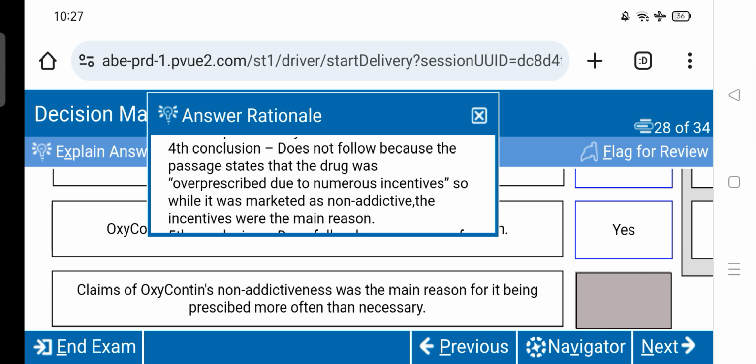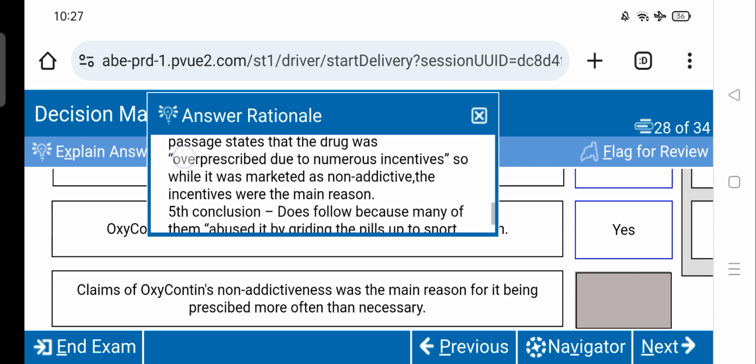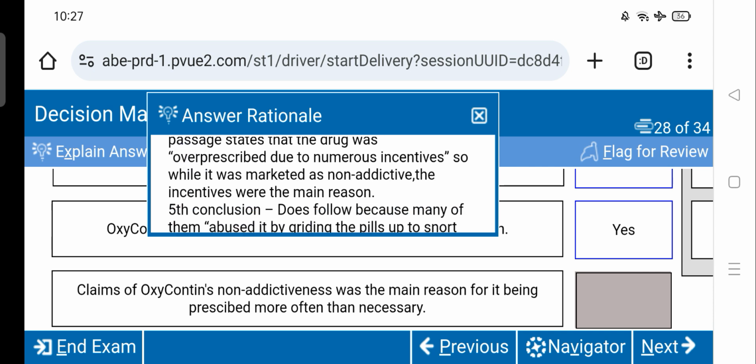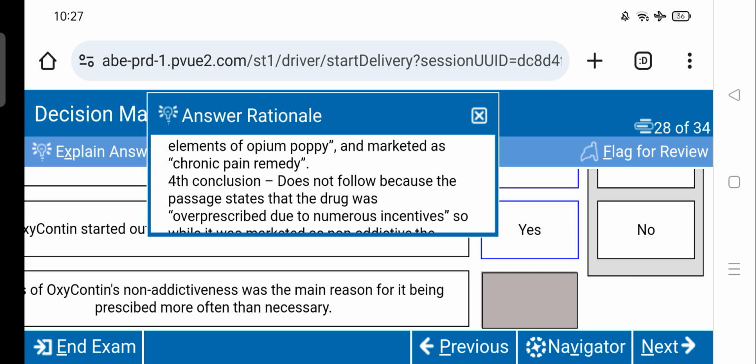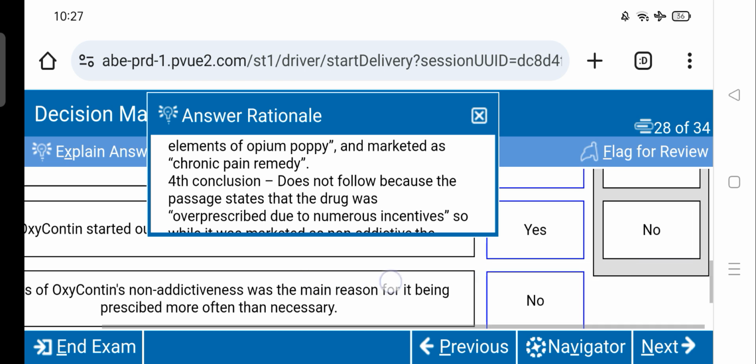So while it was marketed as non-addictive, the incentives were the main reason. So the fourth conclusion does not follow. So we will drag a no and drop it here.